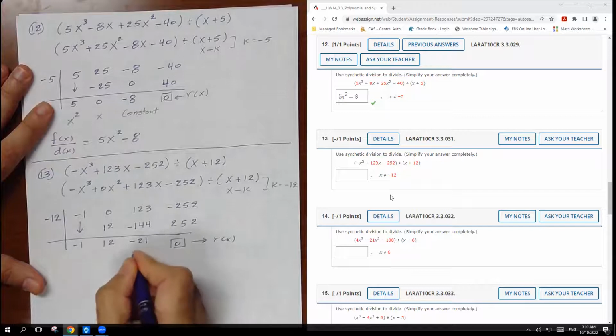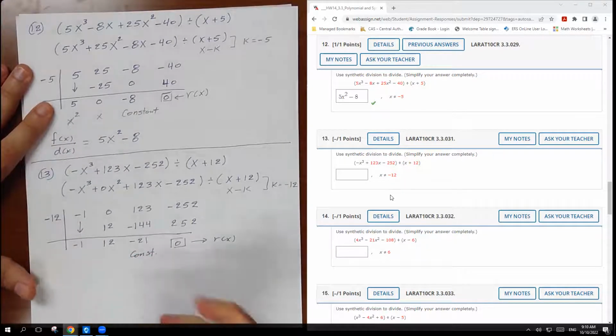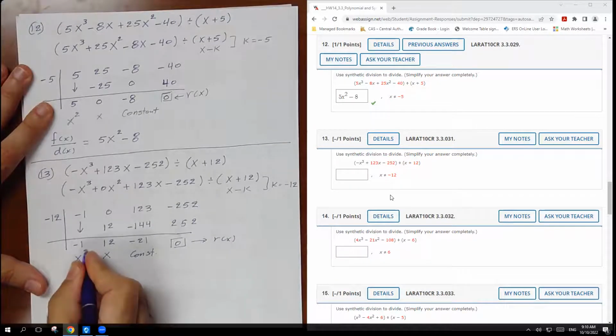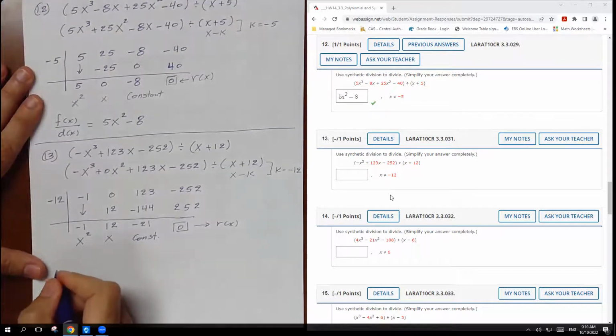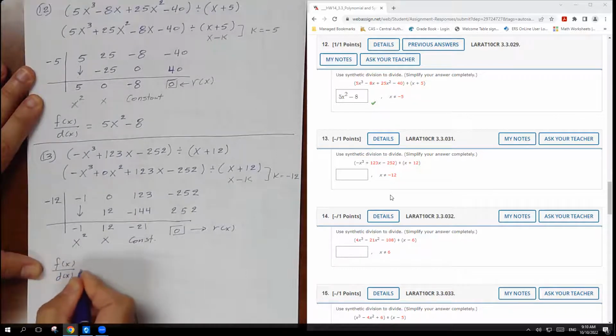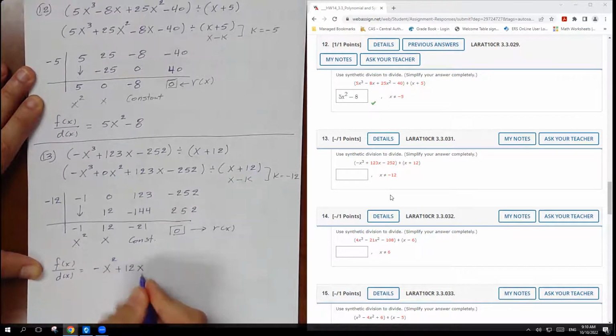This is the constant. This is for the x, and this is for the x squared. That means f of x divided by d of x is going to be negative x squared plus 12x minus 21.